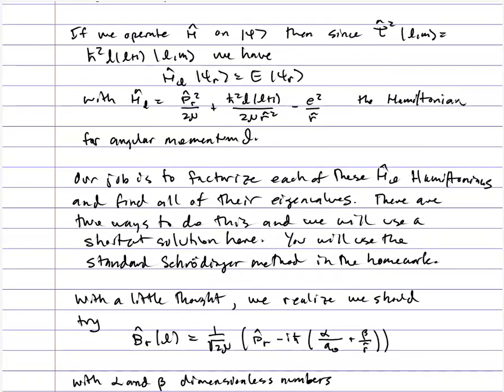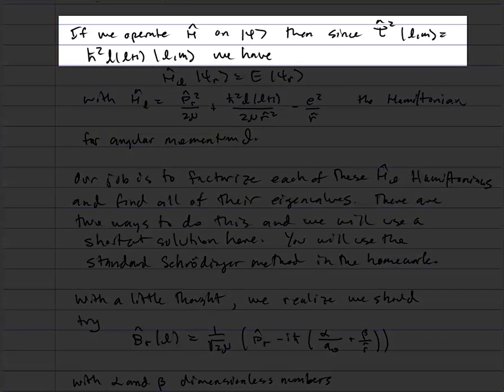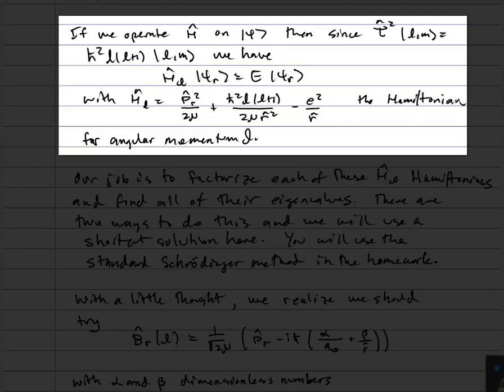All right, so if we operate our Hamiltonian onto this state vector psi, then because L squared acting on |L,m> is equal to h bar squared L times L plus 1 times |L,m>, what we find is that we have a set of Hamiltonians which are indexed by L that satisfy H_L acting on psi_r is equal to E times psi_r.